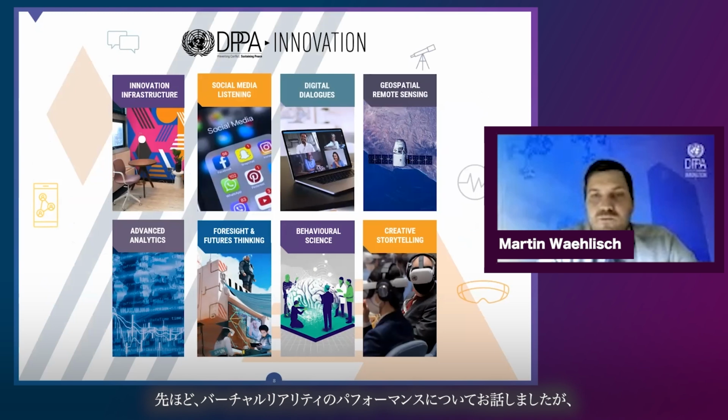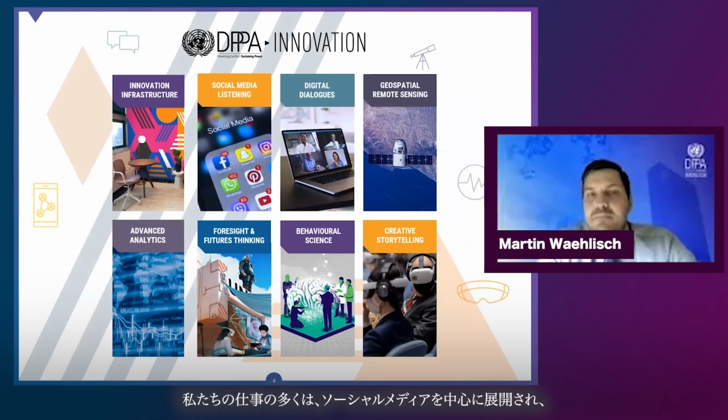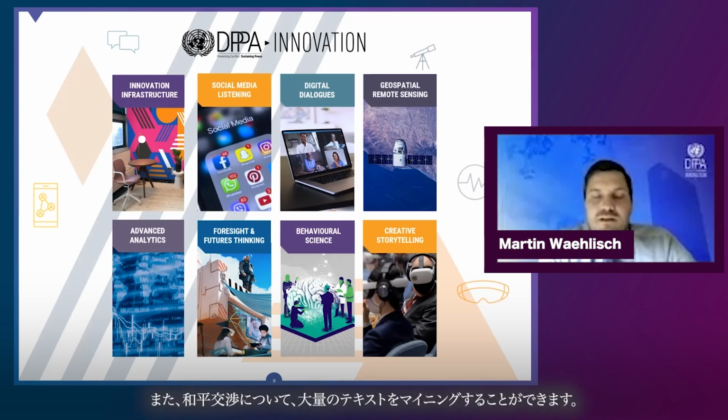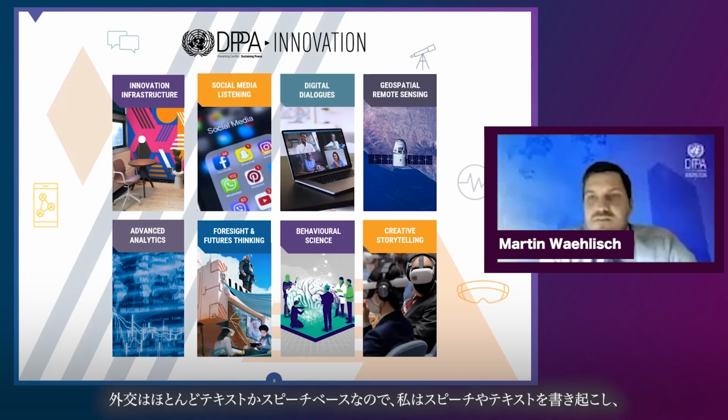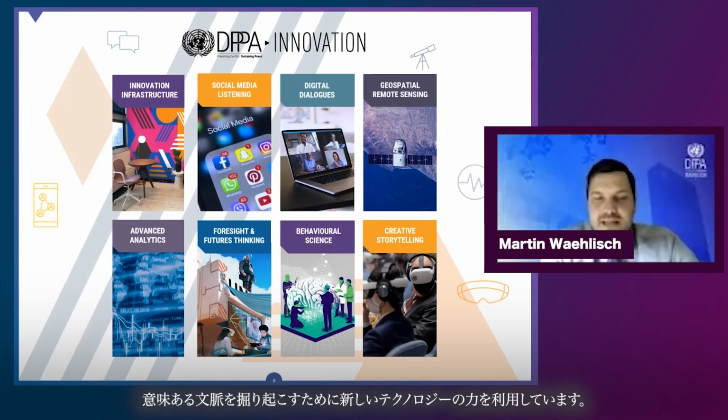We just talked about the affordances of virtual reality, but a lot of the work we do spins around social media listening, ways of how we can engage with the public in a peace process, how we can mine large volume of text, given that diplomacy is mostly text or speech based, and I can transcribe speech into text and I can mine that to use the power of new technologies for sense making.